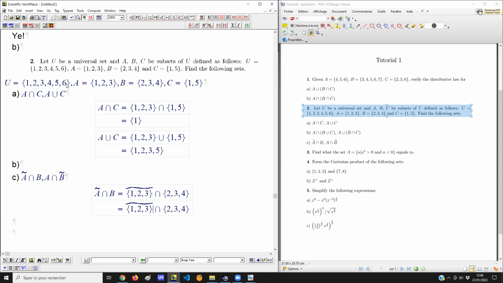So the universal set is 1, 2, 3, 4, 5, 6. So then what's not in 1, 2, 3 is 4, 5, 6. Right. So here I have this. And then this is equal to, so there's only 4. So good job.